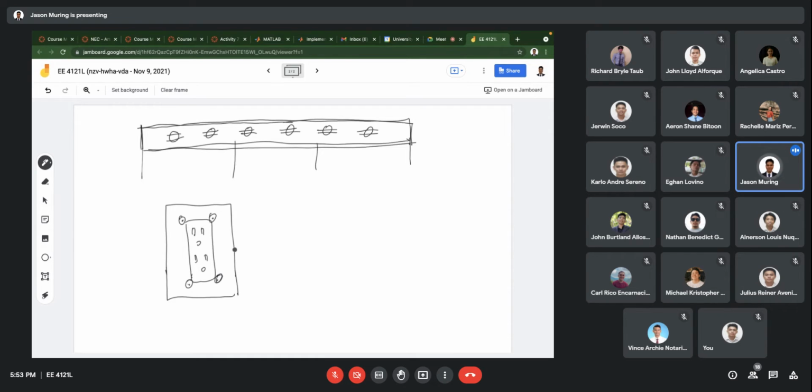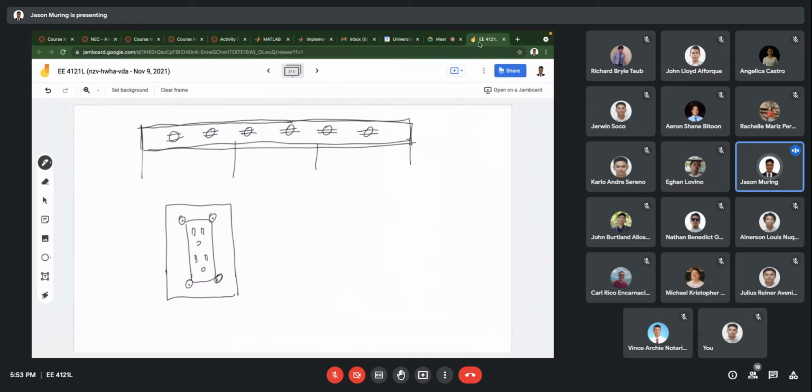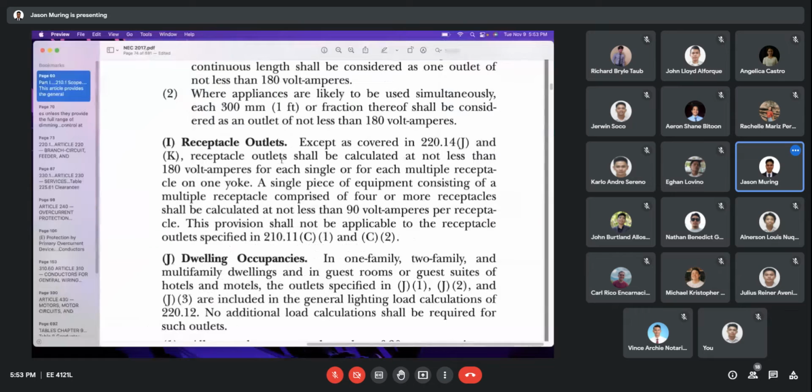We have here a two gang receptacle. The allocated load here, because they are connected to a single strap, is 180 volt ampere.